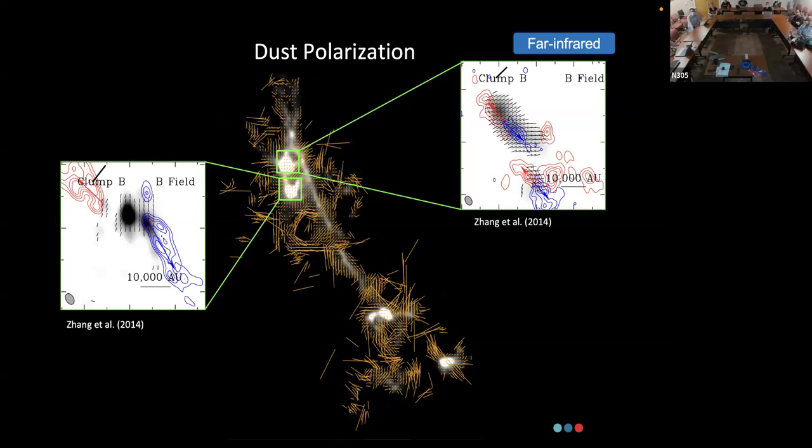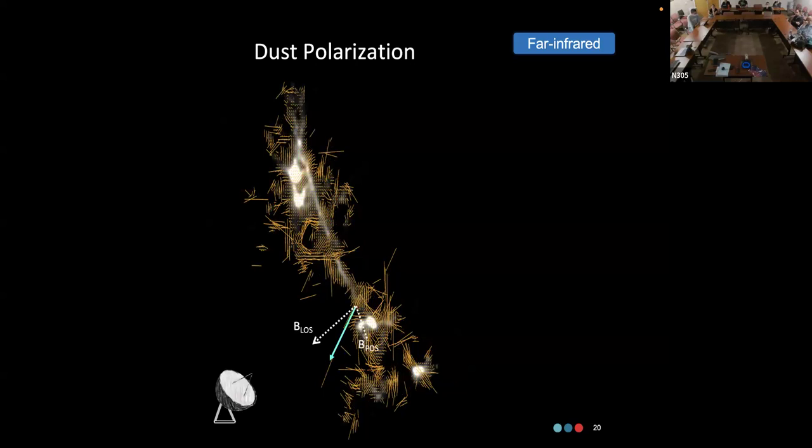So in this region, gravity is winning the game. And we can see across this cloud that there are a number of processes that are either influenced by magnetic fields, gravity, or H2 regions, and that's possible to know by observing magnetic fields.